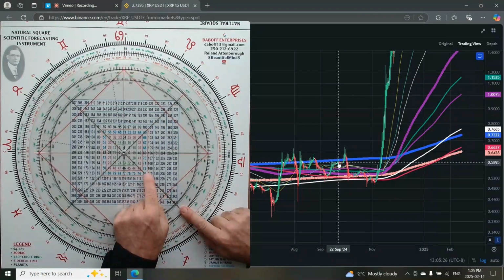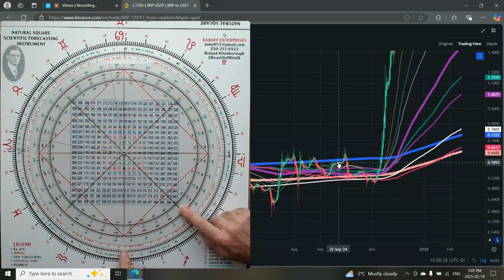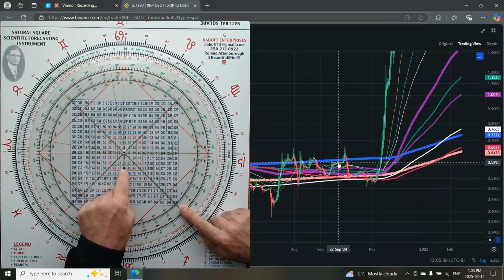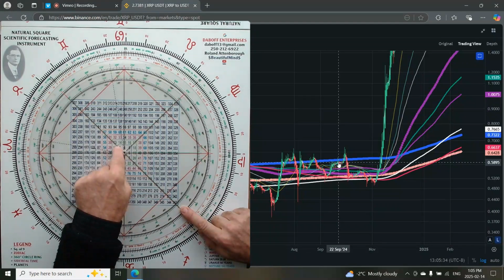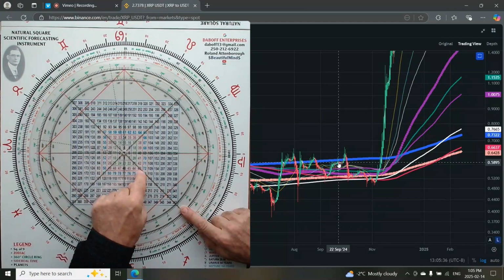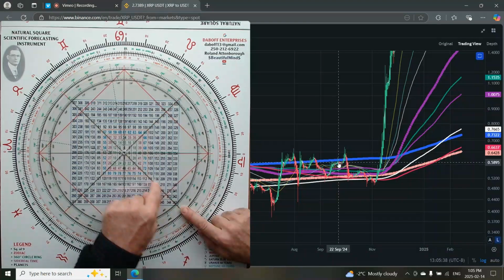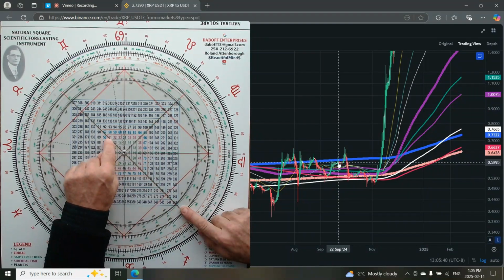So from there, time stopped here. Price continued past and moved up and stopped here, 180 degrees from 43, our starting point. So it naturally has arrested this in this channel, or this area.